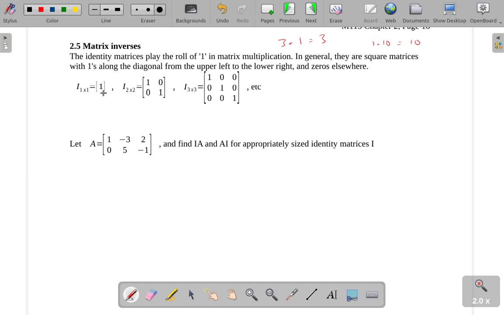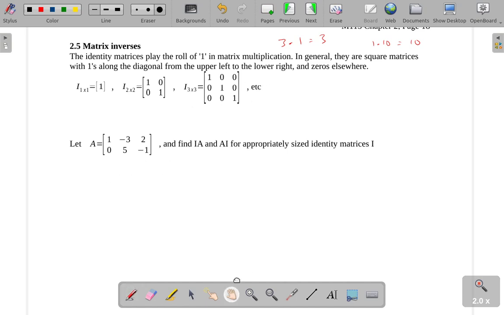And the identity with matrices is actually a square matrix in all cases, and it's going to be a matrix where we have ones along the diagonal and zeros elsewhere. That may seem somewhat familiar because when we were trying to do the RREF method, the left-hand part of the augmented matrix was, well, we were going for an identity over there, with ones along the diagonal from the upper left to the lower right and zeros elsewhere.